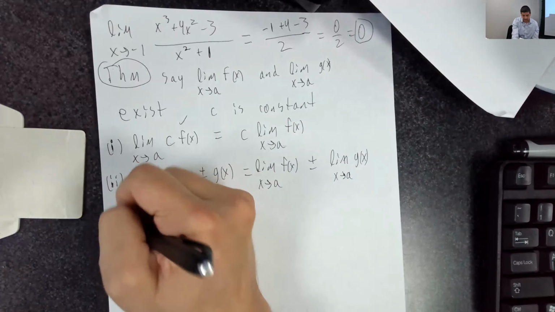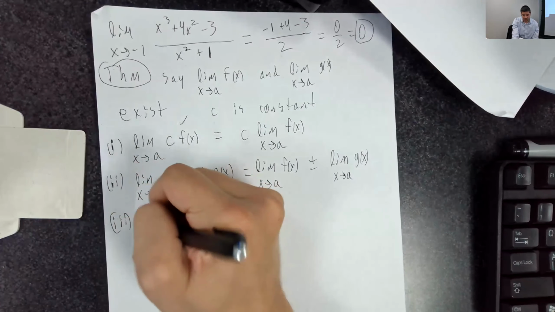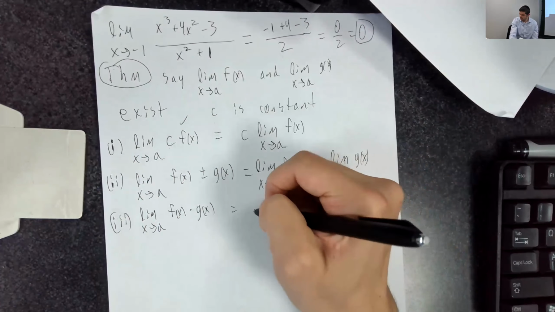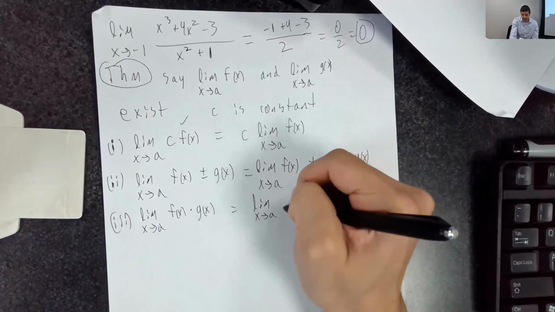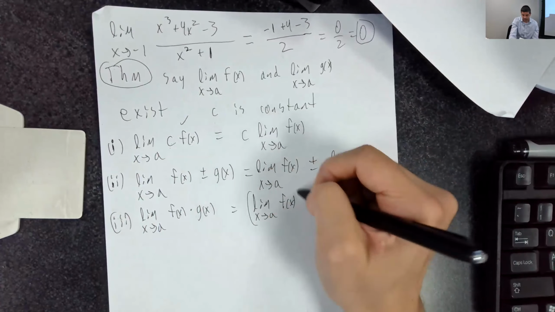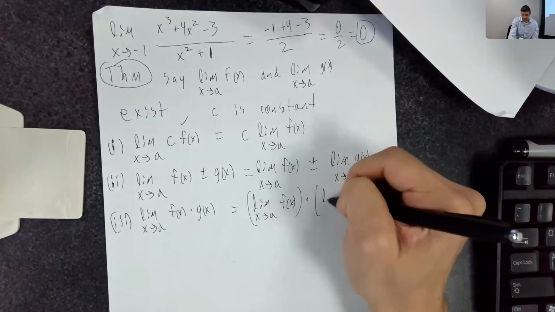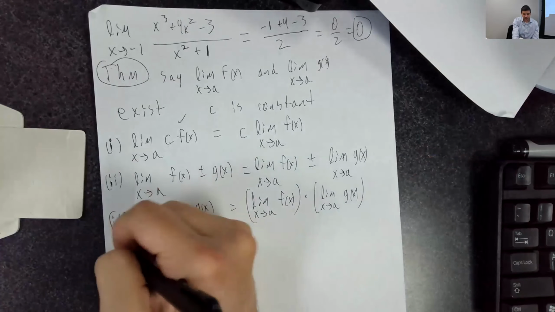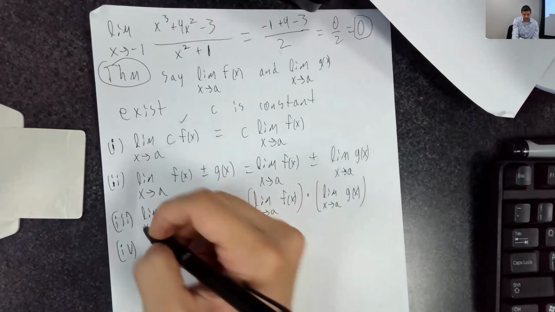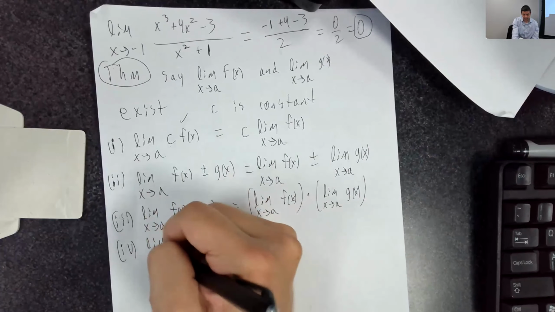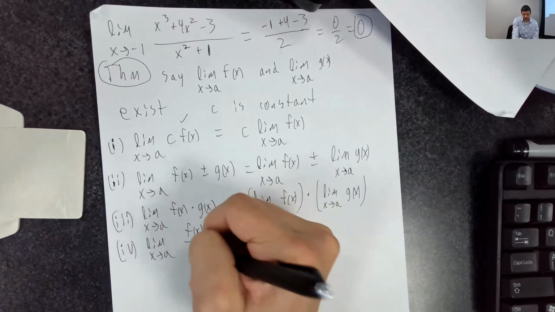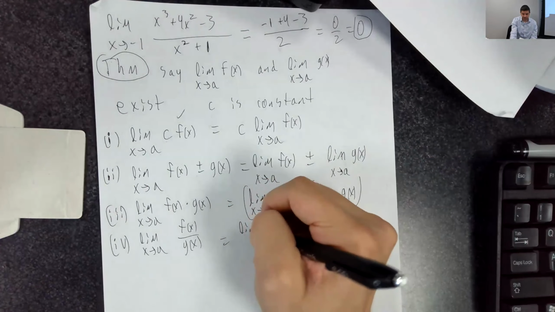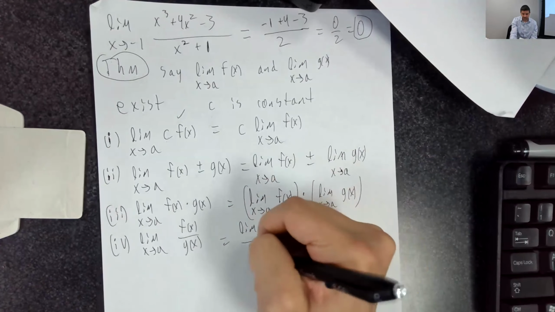Number 3, the limit as x goes to a of f of x times g of x is the limit of f of x times the limit of g of x. Same thing with division. If you have f of x divided by g of x, you could do the limit of the numerator separately, divided by the limit of the denominator.